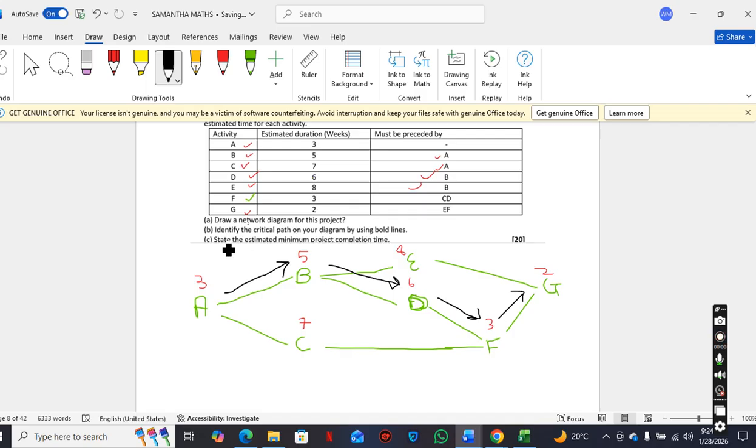Part C, state the estimated minimum project completion time.